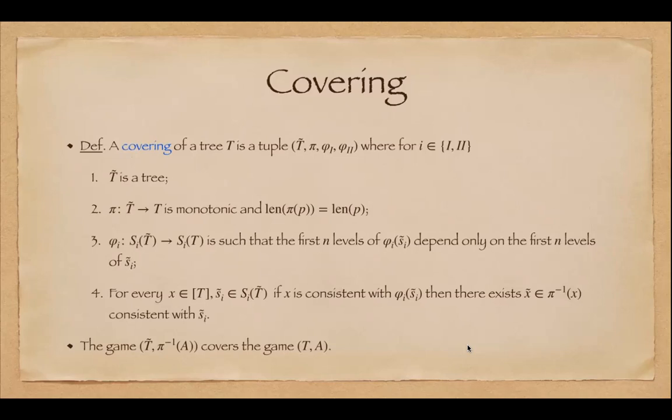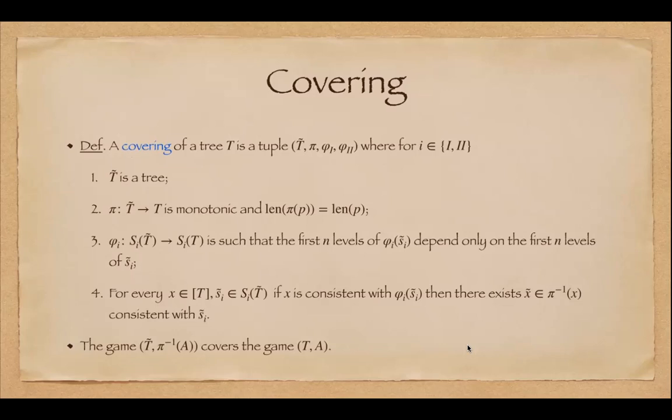And this function has to be monotonic with respect to the extension relation. So if one position extends the other, the images of those positions also extend one another, and it also preserves the length of the sequences.